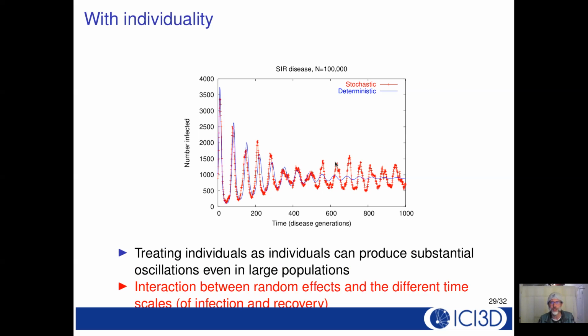Remember, these oscillations are caused just by the fact that we've treated individuals as individuals, but the size of the oscillations because of these interactions is of the order of hundreds of individuals in terms of the increase and decrease in the number infected.